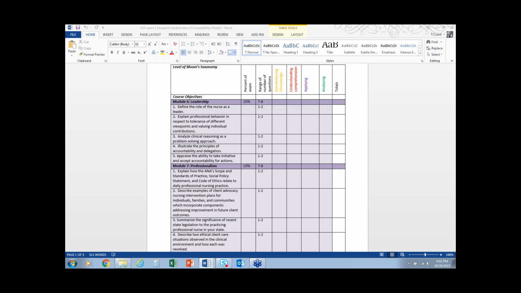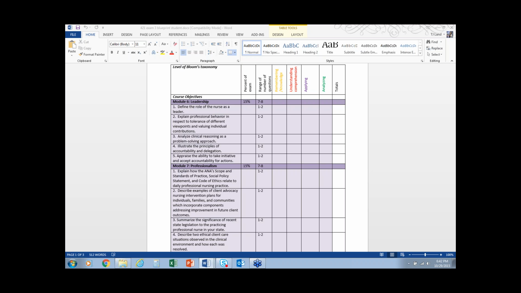Is patient and colleague advocacy included in this role? Well, yes, it is. An RN as a leader is someone who leads because they advocate, or because they educate, or they have the responsibility of being accountable even though items were delegated.